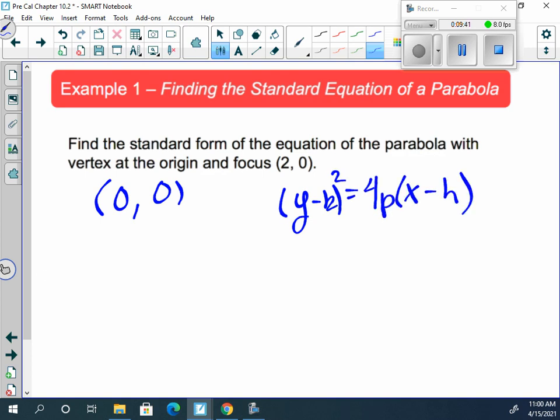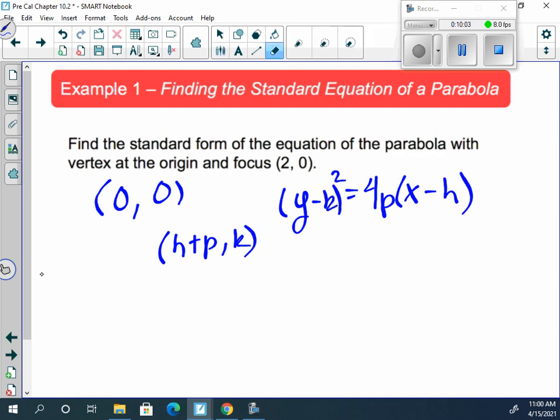We're dealing with this equation because the focus changed in the x location. Because the focus for this here is h plus p comma k. And I know that since the vertex is h comma k, the k value did not change.